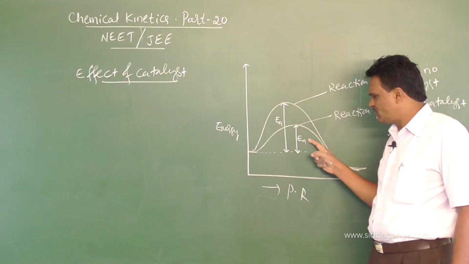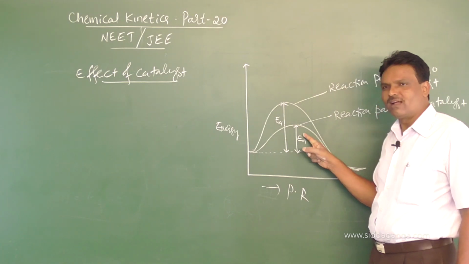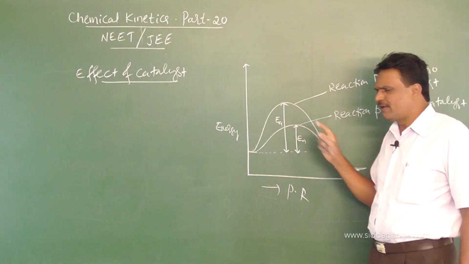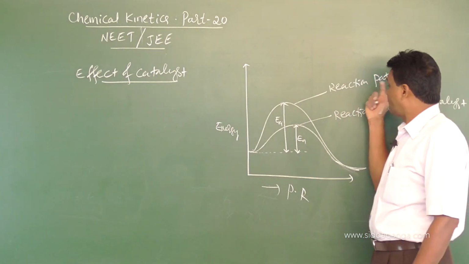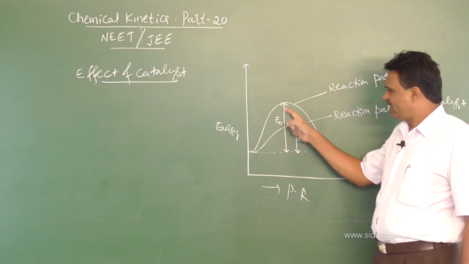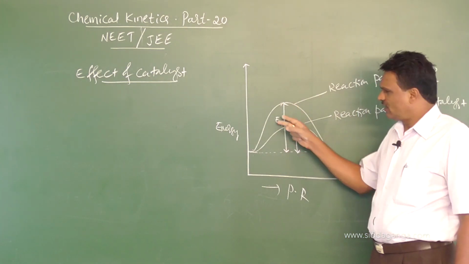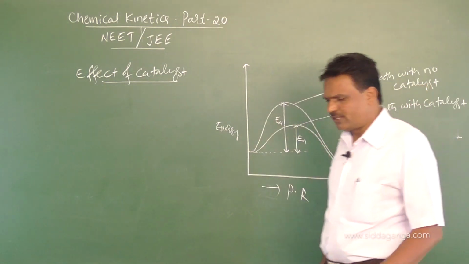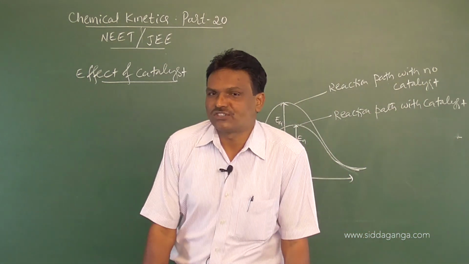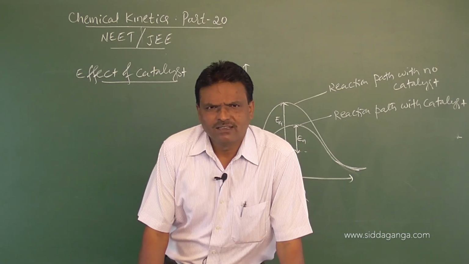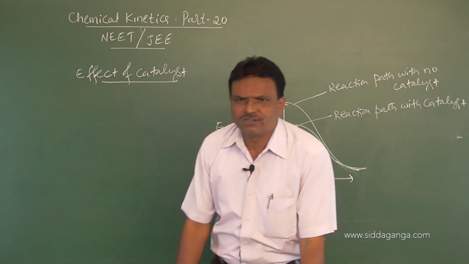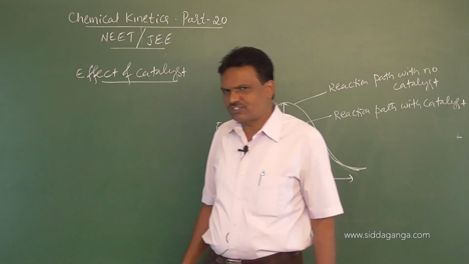If no catalyst is used, the energy of activation is high. So higher the energy of activation, lesser will be the rate of reaction. Is it clear? So this is all about the collision theory of reaction rates.